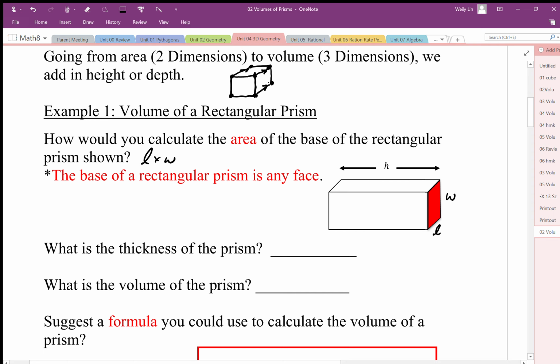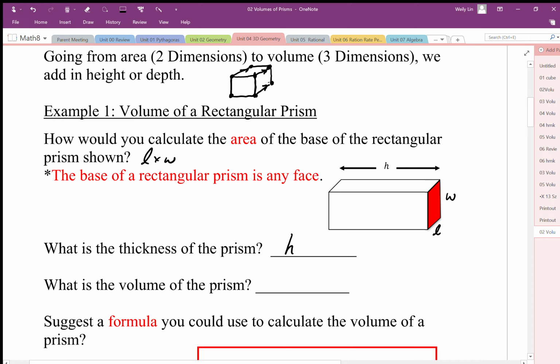That's the area of the base. And if we want to find the volume of this block, what I can do is take this area and extend it by the thickness of this prism. So thickness of the prism I'm going to call H.